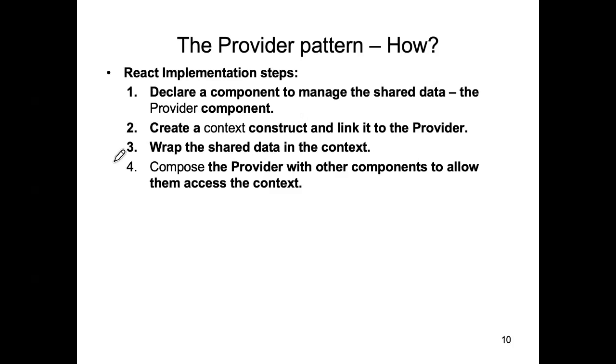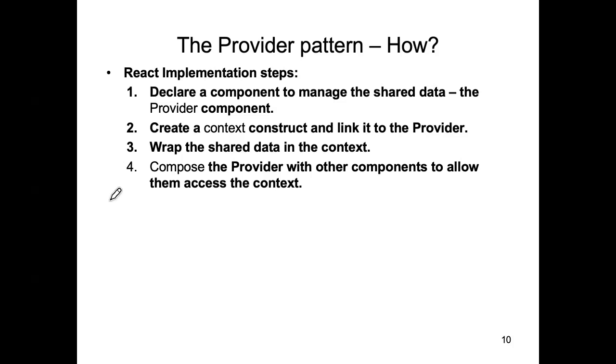Step four is to compose using composition. We have some idea how to do that. Compose the provider component with other components that need to access this shared data. So we're going to use ordinary composition there. And having completed all of those four steps, our subordinate components, the ones that need to access the shared data, will be able to access the data via the context construct directly.